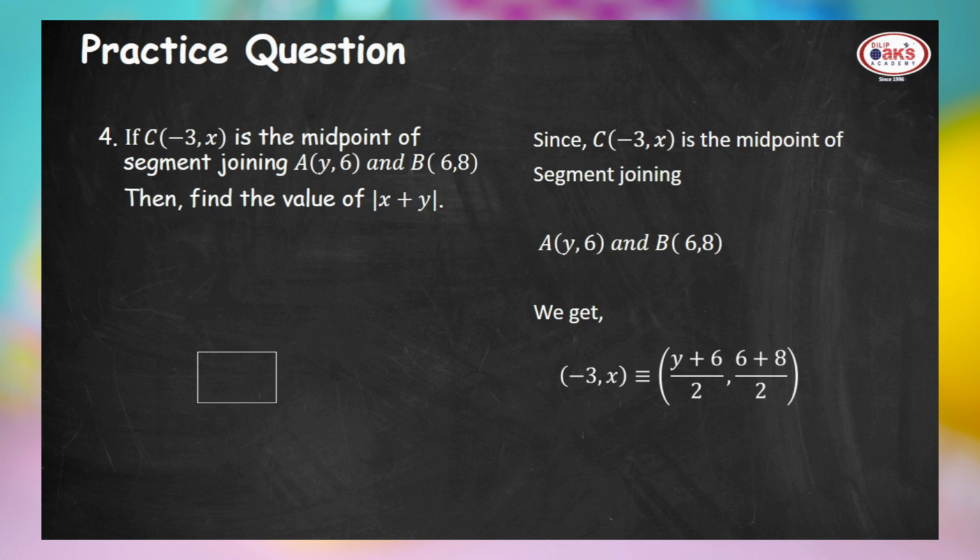This gives you -3 equal to (y + 6)/2. On simplification, you will get y equal to -12, and the second coordinate comparison gives you x equal to 7. Therefore, x plus y is -5, but we are interested in the absolute value of x plus y, that is the modulus of x plus y. Therefore, we will enter 5 in the numeric entry field.